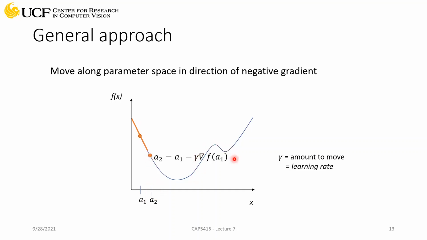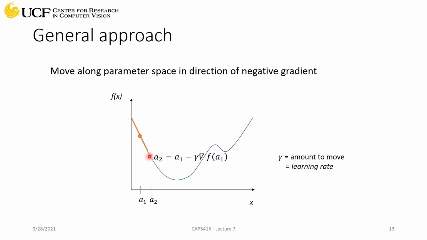So this is a derivative, the first term here, that will give you the slope, and then A1 is the original point, and gamma is the step size, how big a step you want to take. So you can just take this step and subtract it from A1, and you will reach A2. If you're wondering why there is a negative sign here, think about this: the slope of this curve is negative, right?